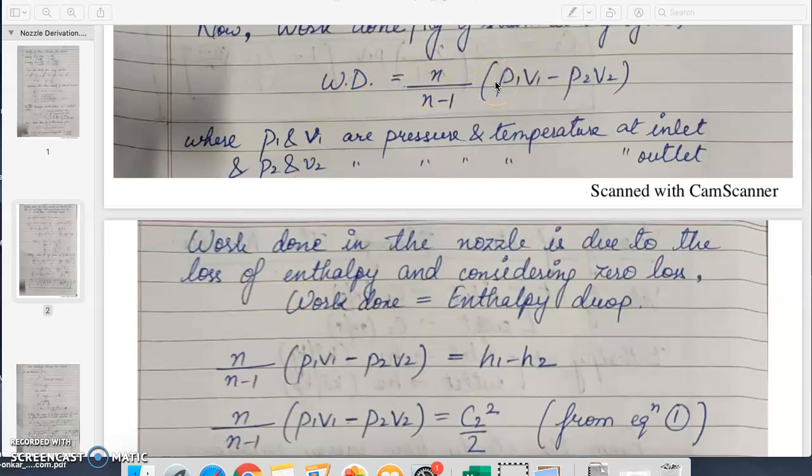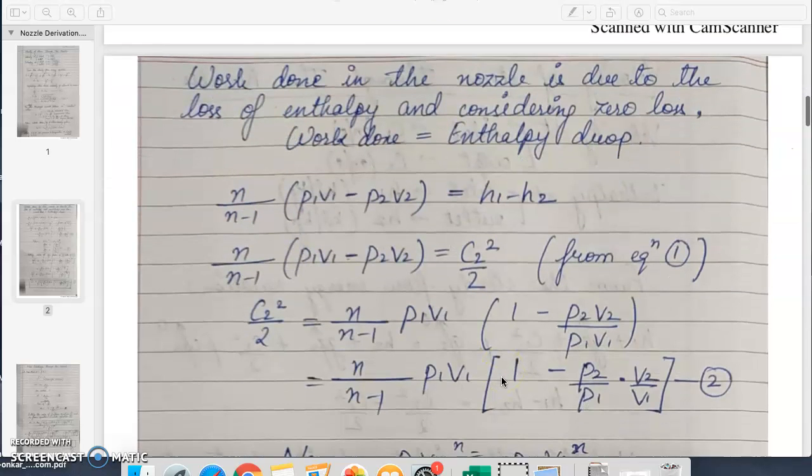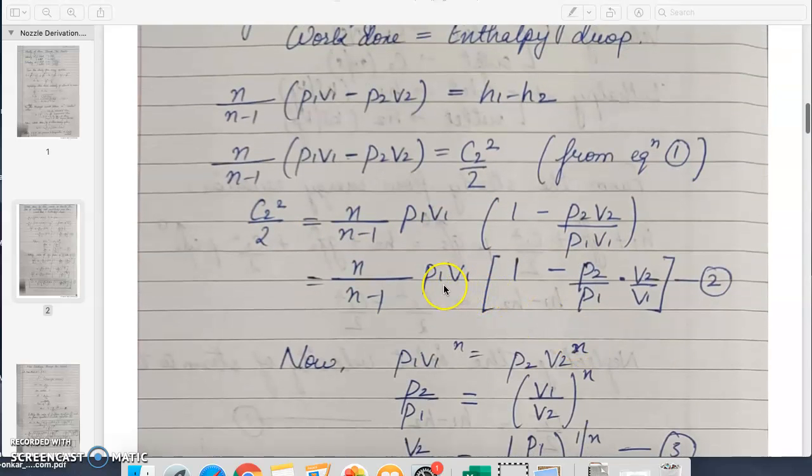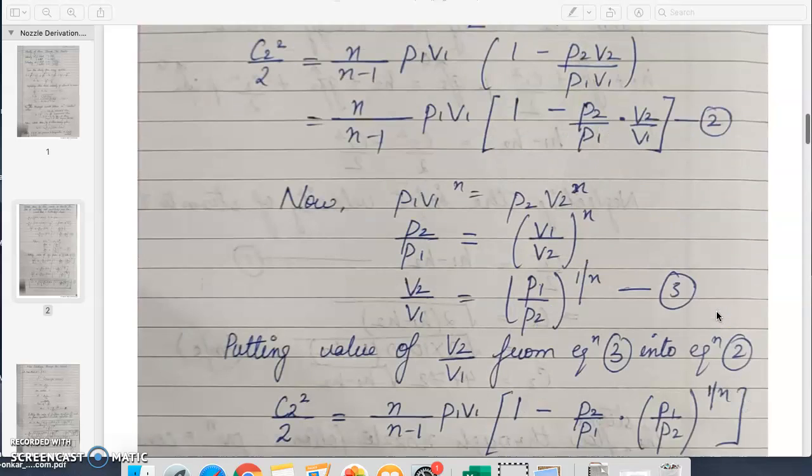So we have equated these two, and this work done is equated to the enthalpy loss, which is H1 minus H2. And as we have already seen, H1 minus H2 is equal to C2 square by 2. This is from the above equations. Now this C2 square by 2 is summed as this. We have taken P1 V1 as constant and the rest is inside, and we have named this as equation 2.